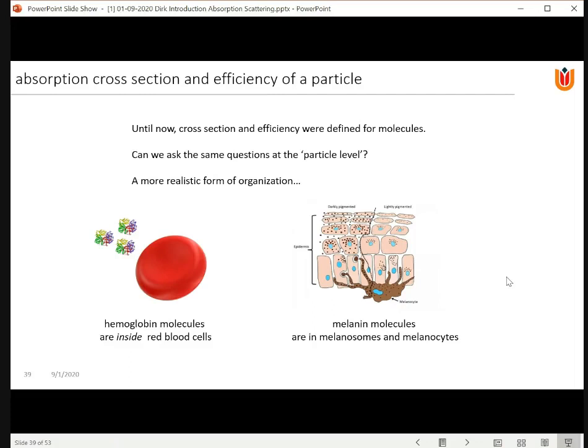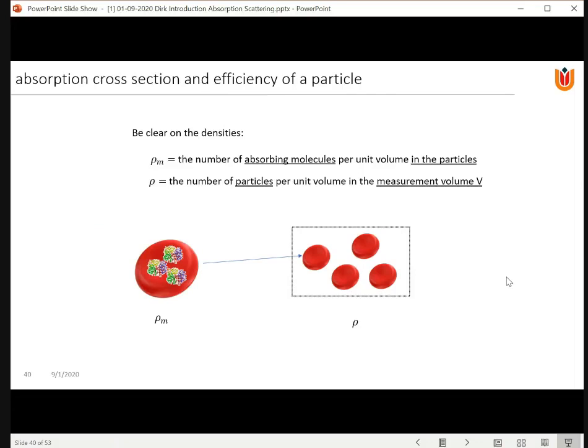That is one example. Another example is melanin molecules. They are also not homogeneously distributed, but located in melanosomes and melanocytes. So for that kind of measurement, you would also want to take this calculation. So let's see if we can.